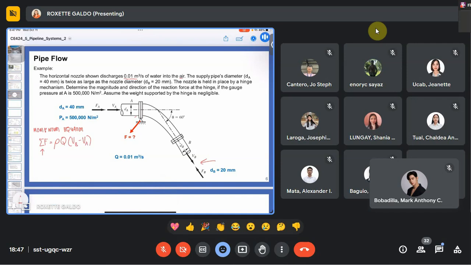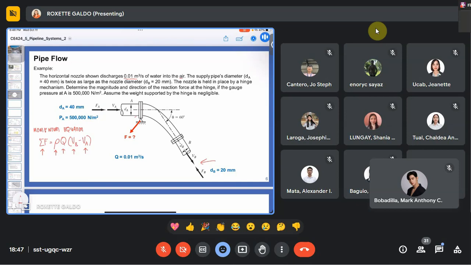Now let us examine the components of the equation so we can get the force. The density of the water is known. Q is given to be 0.01 cubic meter per second. Velocity at B is not given or not known as well, and the velocity at A is also not known.